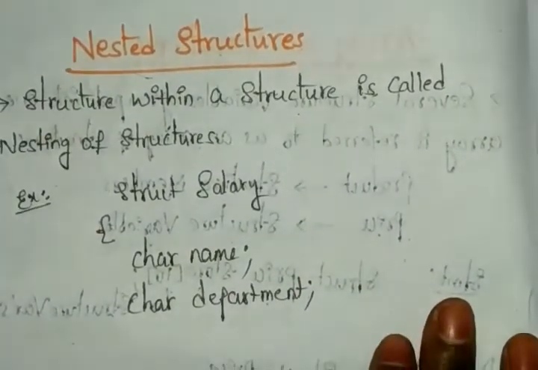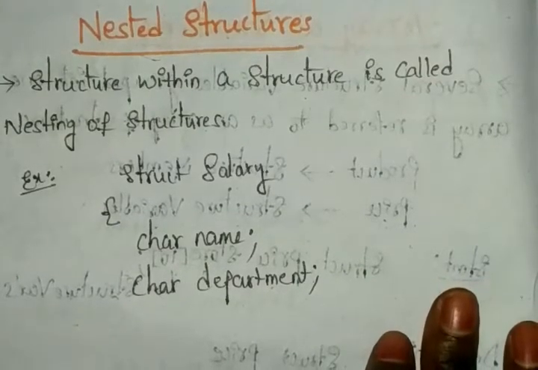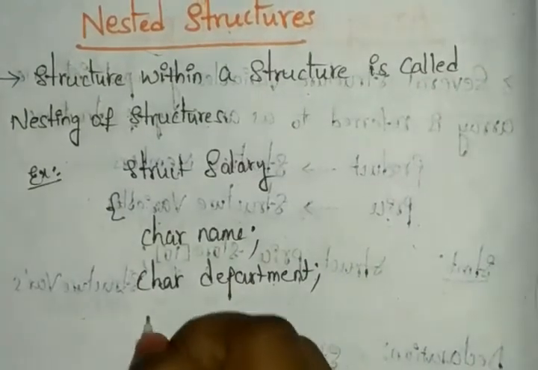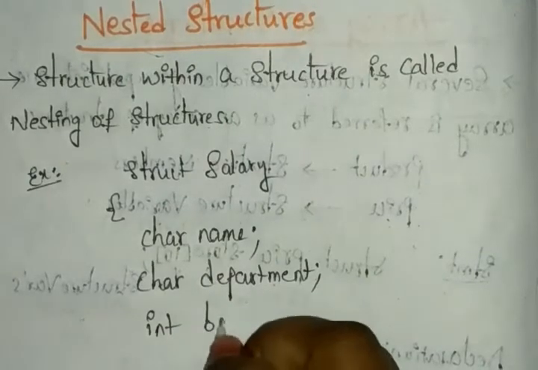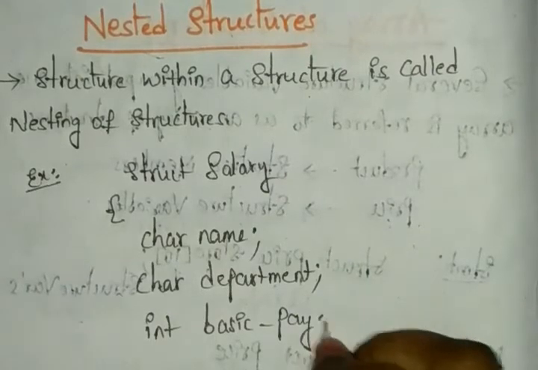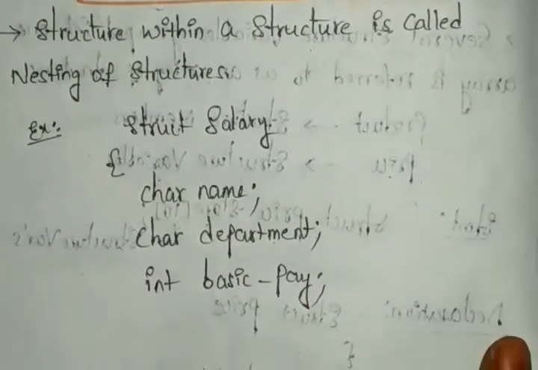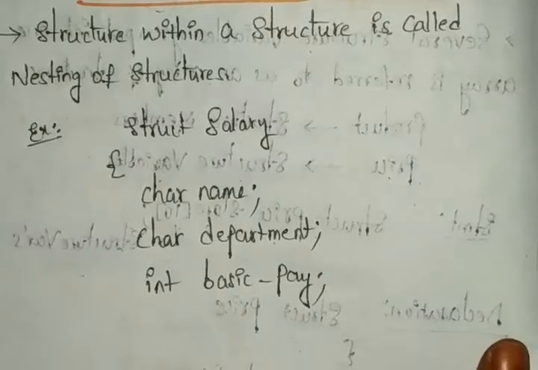Next, I need the basic pay for that employee. The basic pay is always a number, so I am choosing the integer format. You can write int basic pay. After that, I need the allowances for that employee.